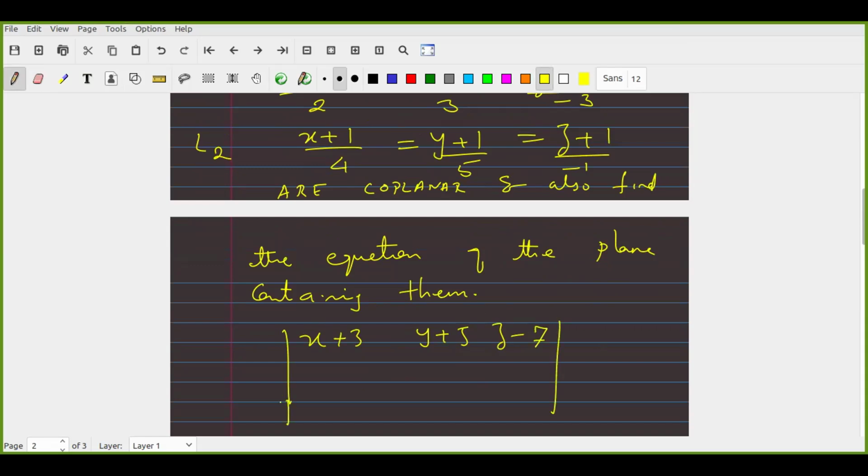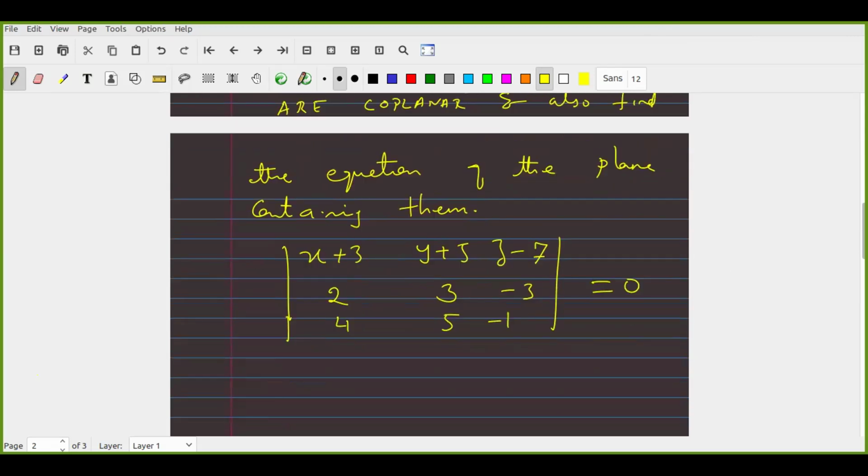In principle, what this means is x minus x1, y minus y1, z minus z1, where x1, y1, z1 are lying on L1. That is the first row. The second row will have direction ratios of the first line, meaning 2, 3, minus 3. The third row will contain direction ratios of the second line, namely 4, 5, minus 1. This should be 0. This is the condition for the two lines to be coplanar.